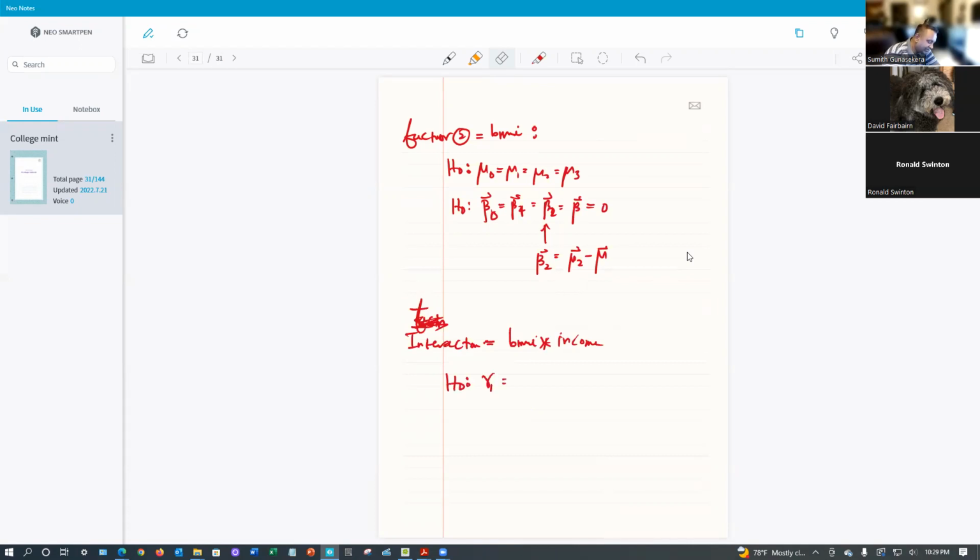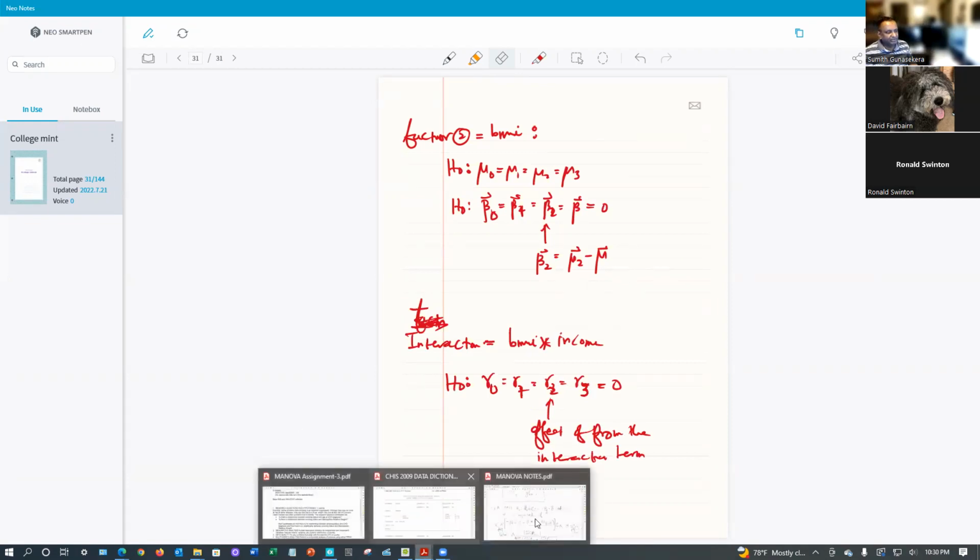I'm going to say gamma 0, gamma 1, gamma 2, gamma 3. See, go to 0. Gamma stands for what? Effect from the interaction term. That's the effect, not the average. It's the effect. Under the theory, we discussed that one.